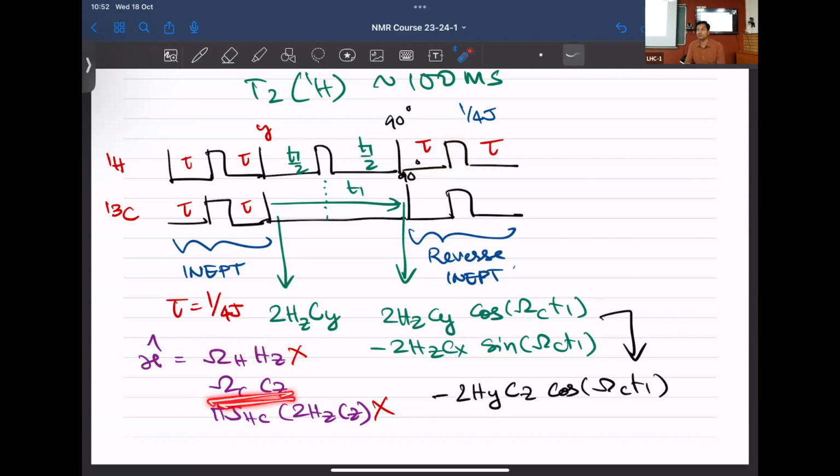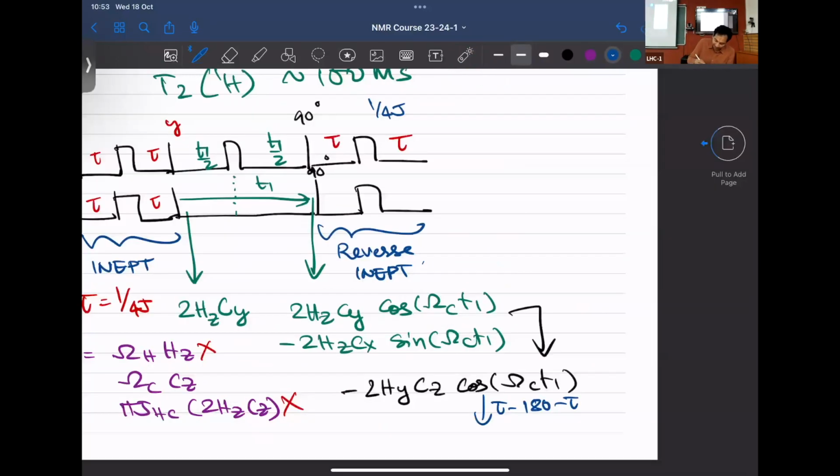Will the carbon chemical shift evolve? No, once again, not because of the tau 180 tau, but because Cz will commute with Cz, therefore it will not evolve. Will the scalar coupling evolve? Yes, because the 180 is applied simultaneously. Therefore, in this tau 180 tau period, only scalar coupling will evolve, which will result in the following.